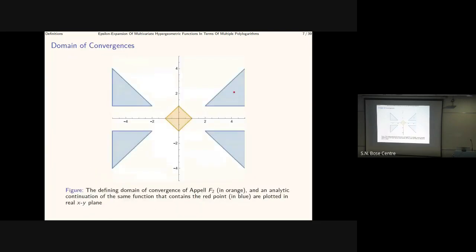Yeah, but how do you define the function? The definition is not by this series, right? Yeah, in this region, this is the definition, and we find another patch that is overlapping with this, and that expression should give the same value as the defining expression.